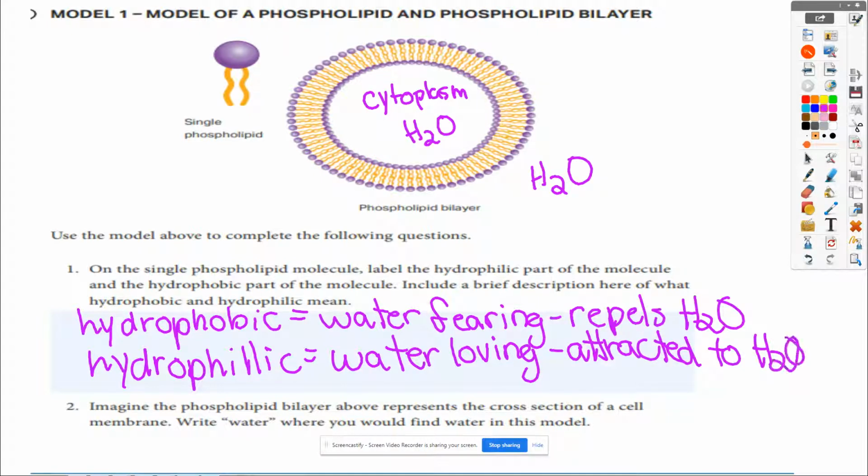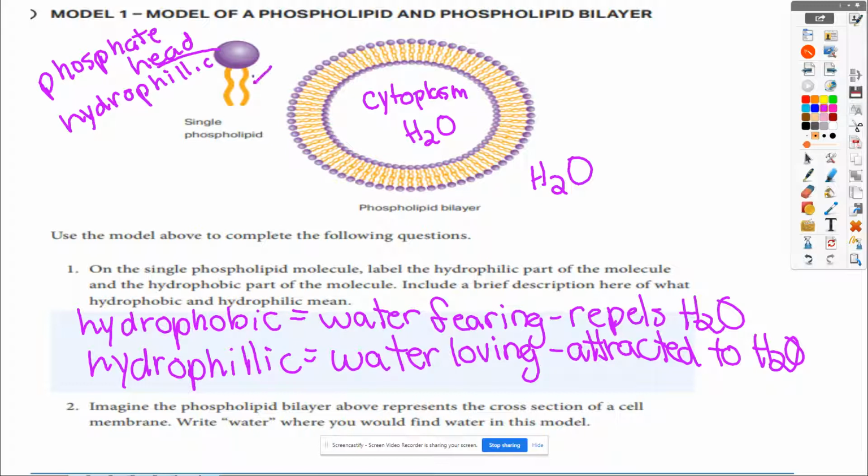So if we look at this diagram of where the water would be, it would make sense to say that these purple circles, or the phosphate heads, are hydrophilic, because they are positioned to where they are always facing the watery environment.